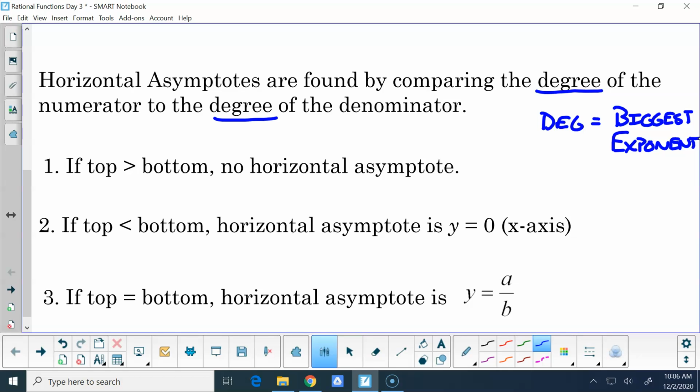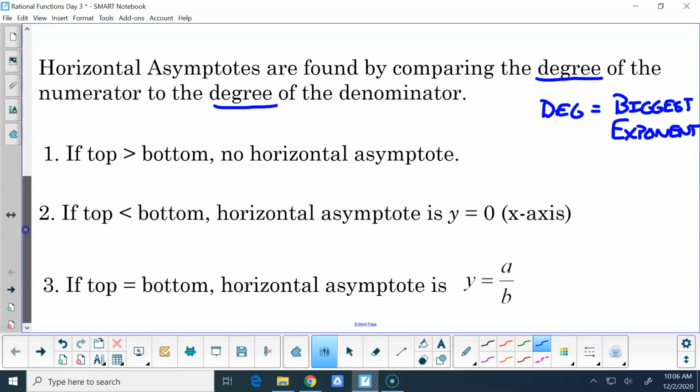Okay? So if the top is bigger, it would be a big over small case. So the top one is bigger. There is no horizontal asymptote. That's our none case.